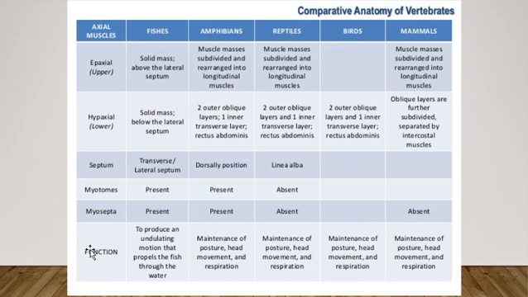In terms of function, in fishes, it produces undulating motion that propels the fish in forward motion. In amphibians, it maintains the posture, head movement, and respiration. In reptiles, it also helps in posture, head movement, and respiration, like in amphibians, and also in birds and mammals. So, from amphibians and reptiles to mammals, they have similar function.